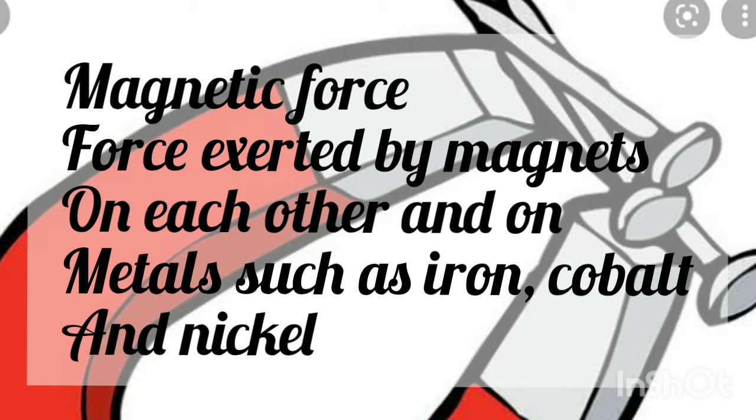Since magnets attract iron, these magnetic substances are used to separate waste iron objects or scrap from garbage dumps so that they can be recycled. So these are all about the non-contact forces.